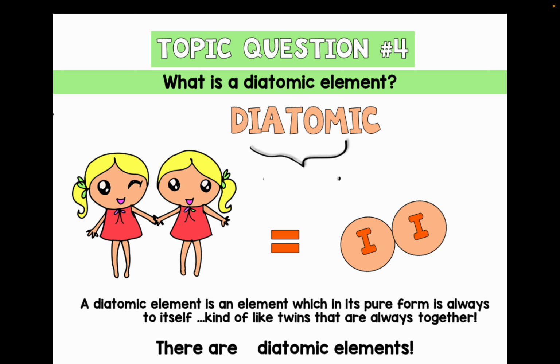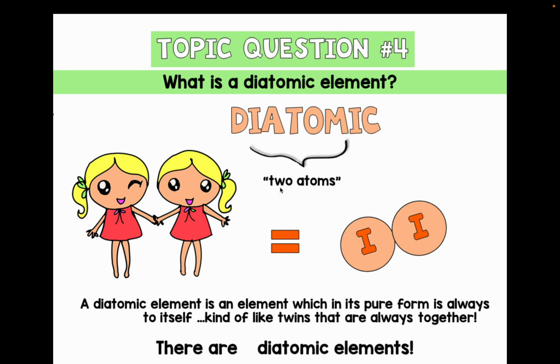Topic question number 4. What is a diatomic element? I've told you that elements are pure. So when we're talking about elements, we're talking about a sample that only has one type of atom in it, only one type of element throughout the whole sample. But we can also have diatomic elements.